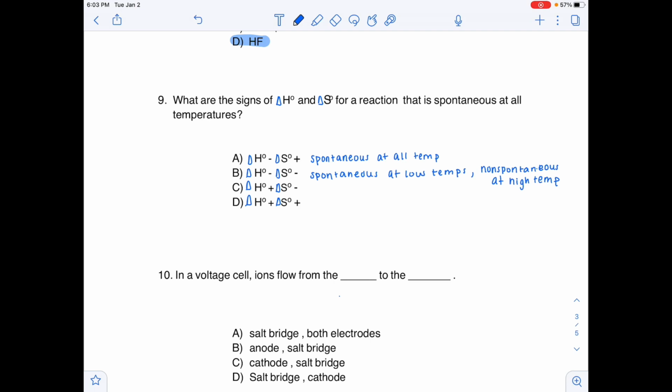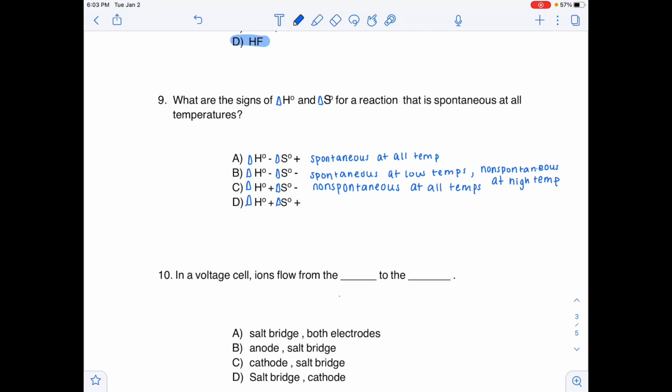And then for C, the delta H is positive and the delta S is negative, so that's going to be non-spontaneous at all temps.